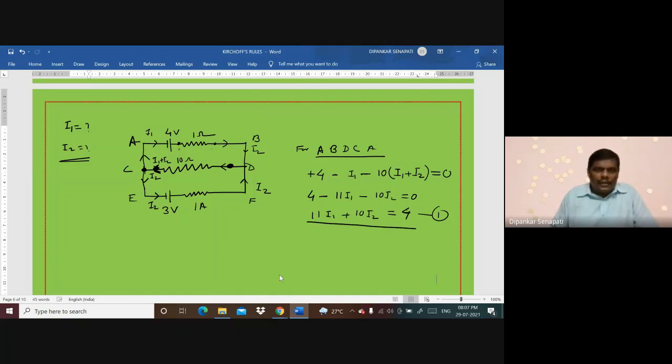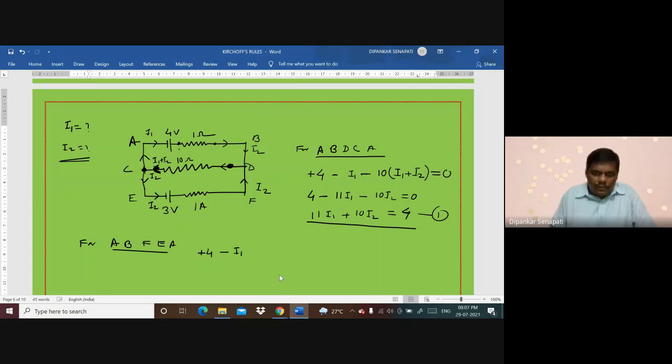We have to choose another circuit now. According to your choice, we have two options: one is A, B, F, E, A, and another option is E, C, D, F, E. Let us consider A, B, F, E, A. According to this loop, at A we again come across the 4 volt, that is plus 4, minus I1.